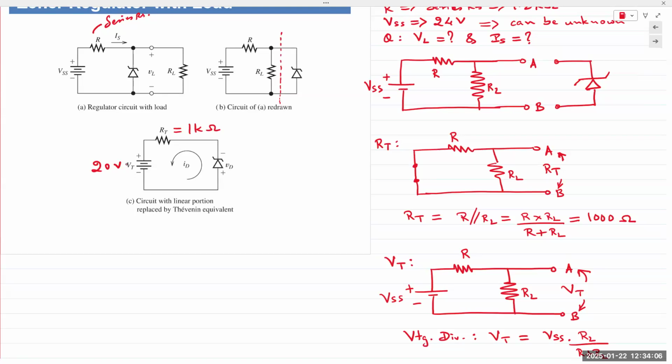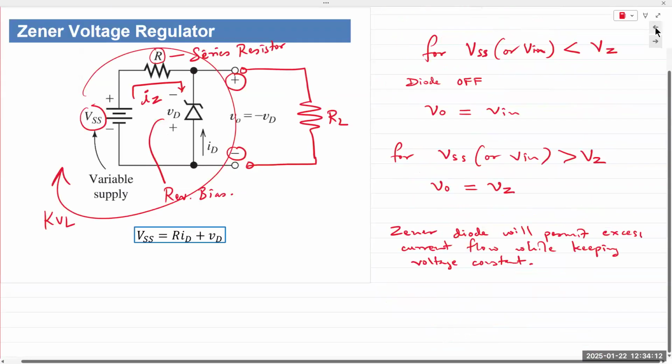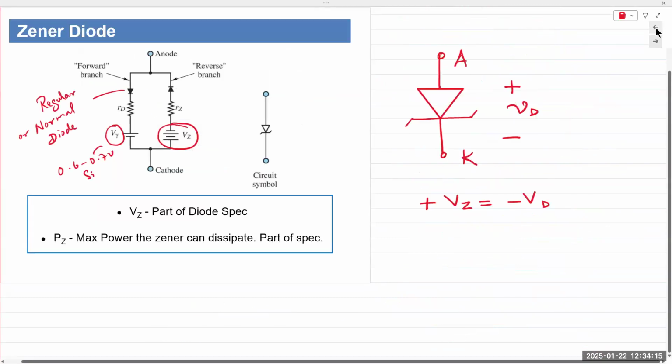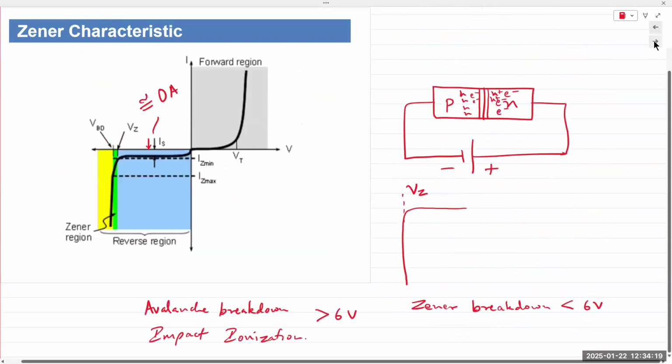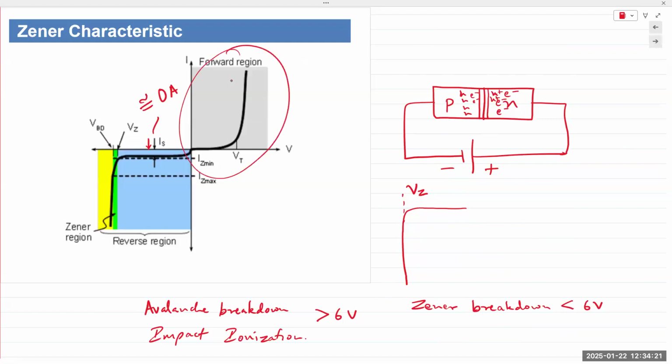In the forward bias, it functions as a regular diode. So back to our model here. Forward bias, regular normal diode, standard diode characteristic. In the reverse bias, it will be off until the reverse bias voltage crosses over its Zener voltage.